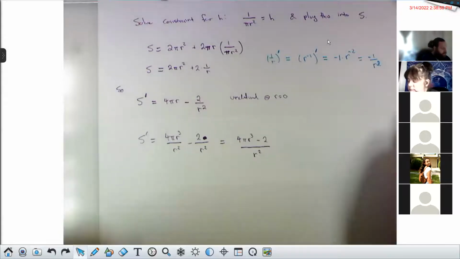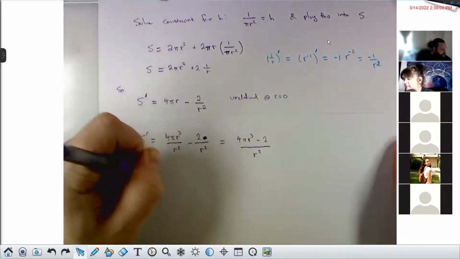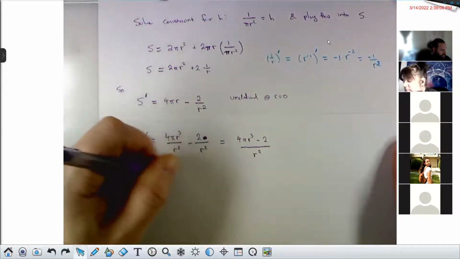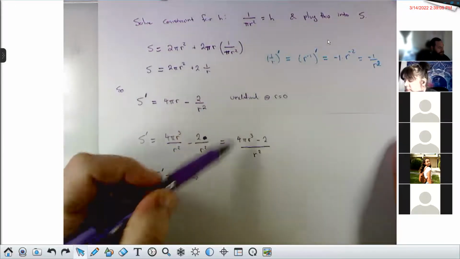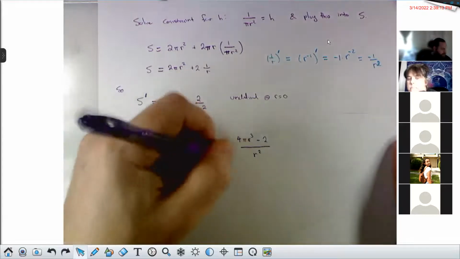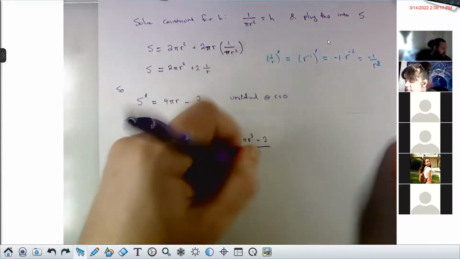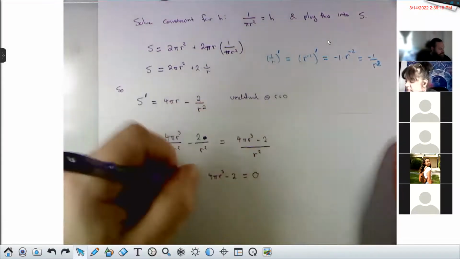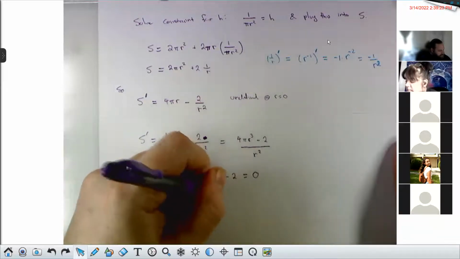And where is it going to be equal to 0? Well, to find where a rational function is equal to 0, you set the top equal to 0. Can add 2 to both sides.